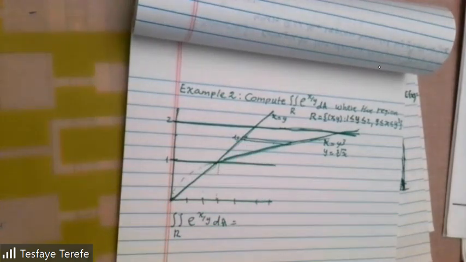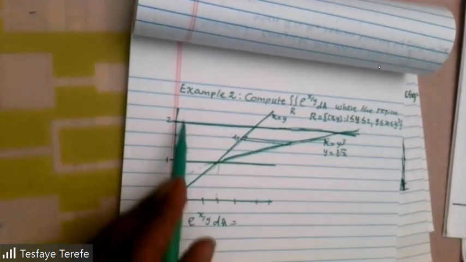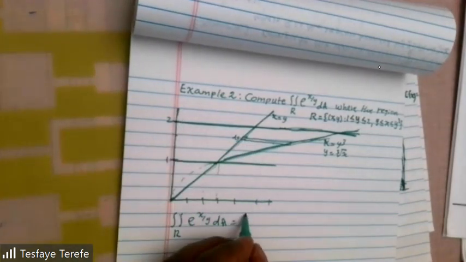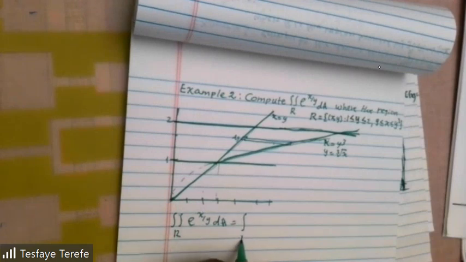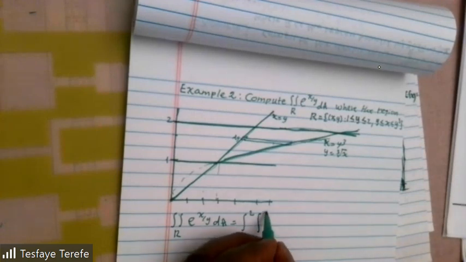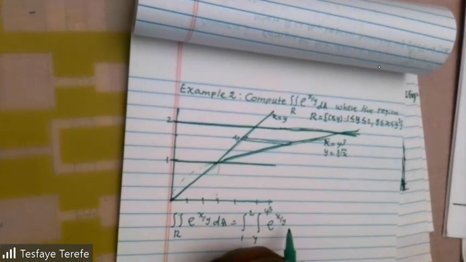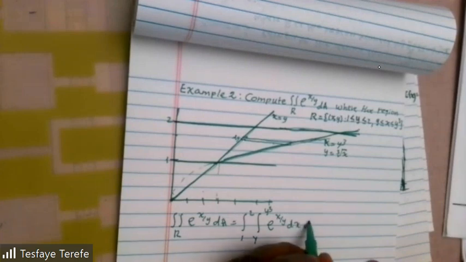This is dy, and y is changing from 1 to 2. So integral from 1 up to 2, integral from y up to y cubed of e raised to x over y, and then dx and dy.